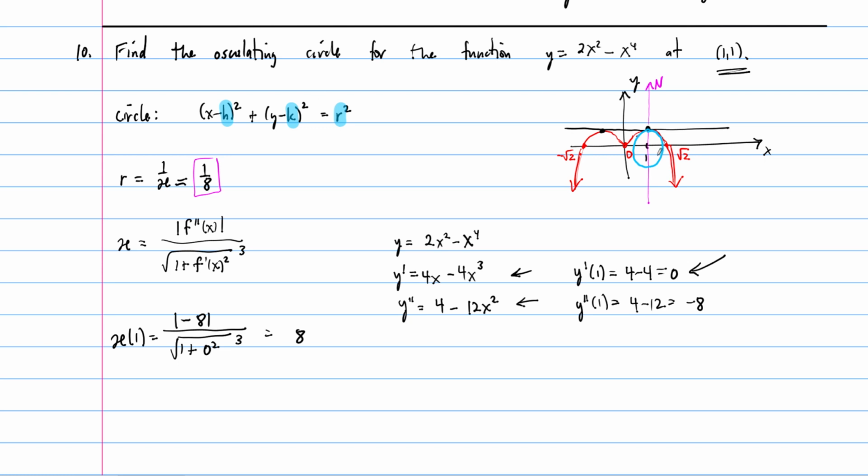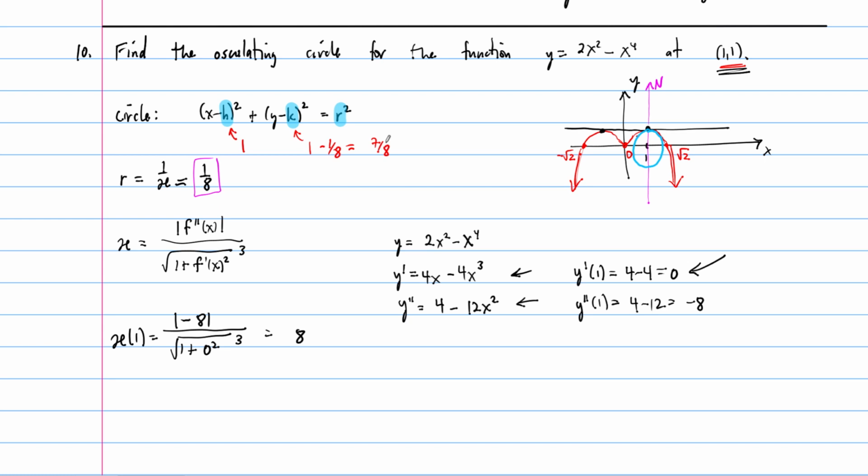But we know exactly where this thing goes now, because the x value of the center of this circle is going to be 1. It sits directly below the curve at this point. And the y value is going to be 1 minus the radius, so that's 1 minus 1/8, which is of course 7/8.